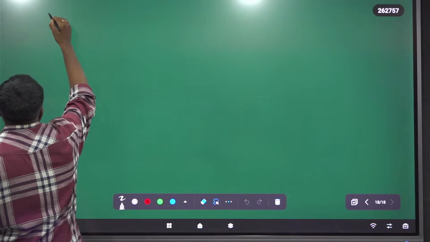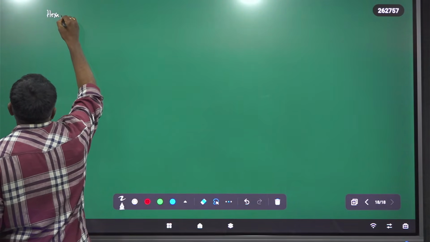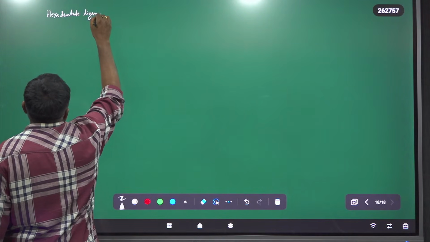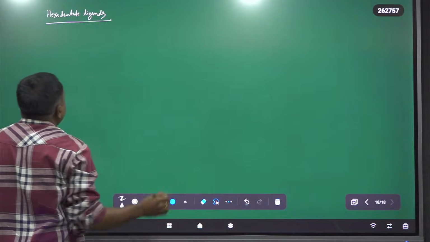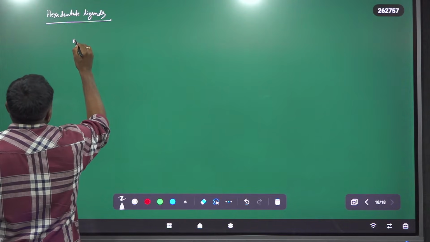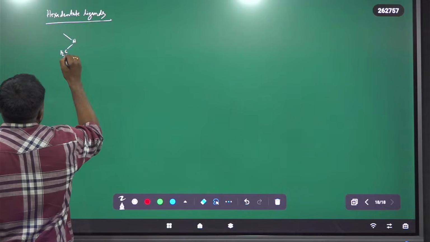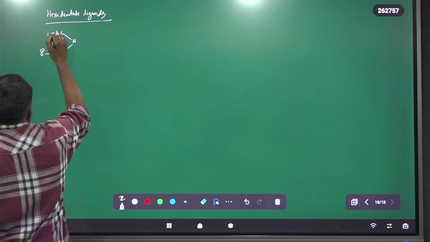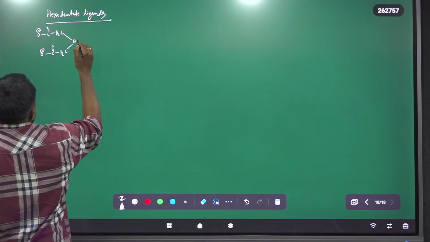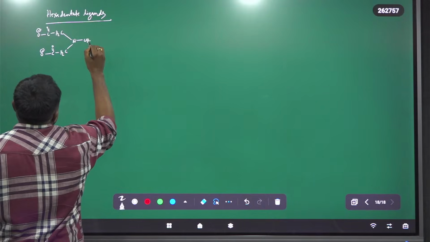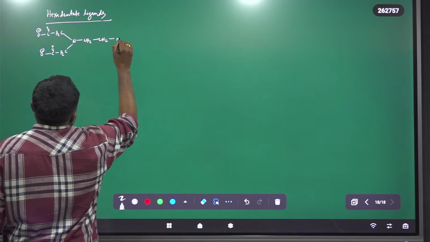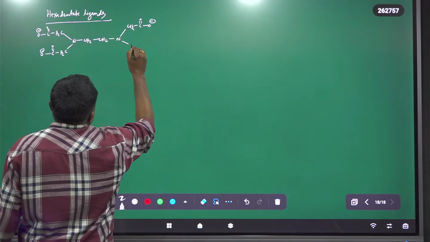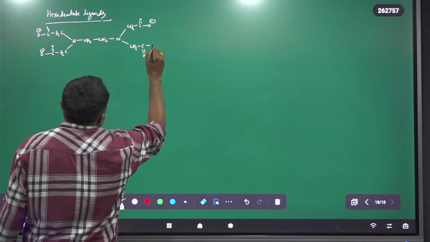And after this pentadentate, hexadentate ligands. Hexadentate ligands mean the same. This is N CH2 C double bond O minus, this is CH2 C double bond O minus, and this is attached to the ethylene group CH2 again N CH2 COO minus, and this is CH2 C double bond O minus.